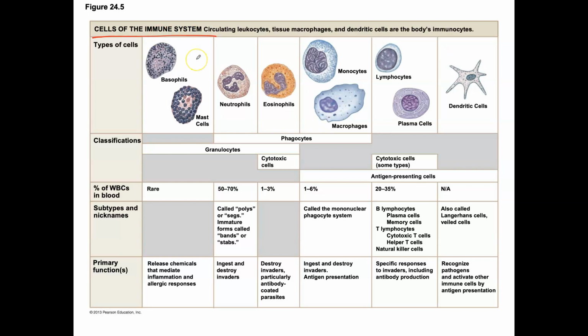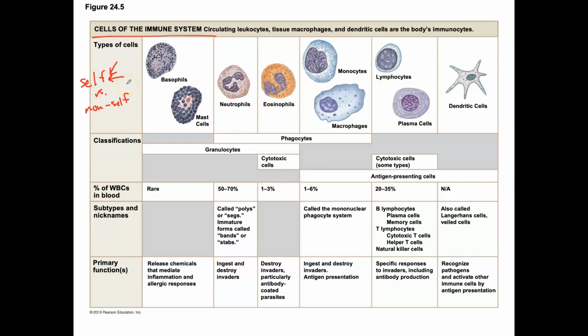When we talk about specificity for the immune system, that has to do with being able for our immune system cells to recognize self from non-self. So self versus non-self. Basically what that means is that our immune system was educated about the different types of cells that make you who you are.